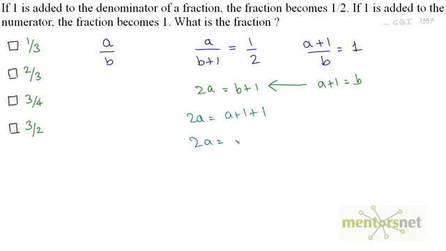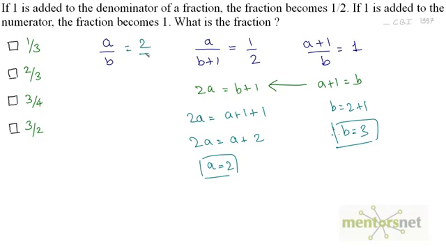So 2a equals a plus 2. So 2a minus a is equal to 2. So a's value is 2, and b is equal to a plus 1, so it is 2 plus 1. Therefore b is equal to 3. So the fraction is a by b, which is 2 by 3. So the answer is option B.